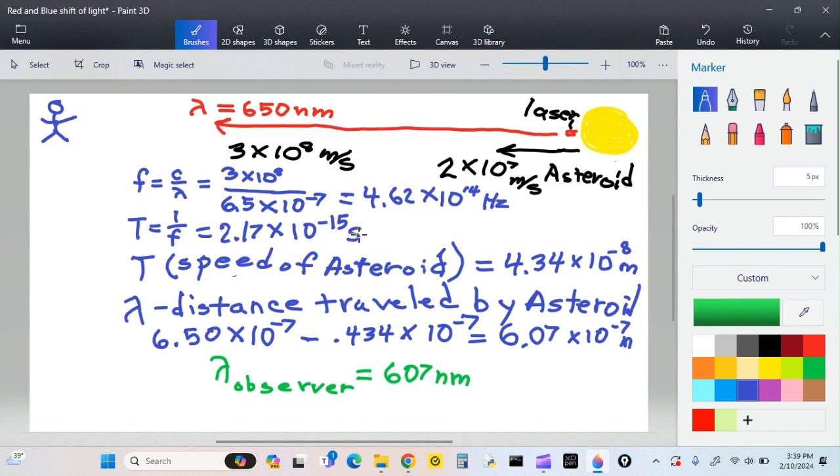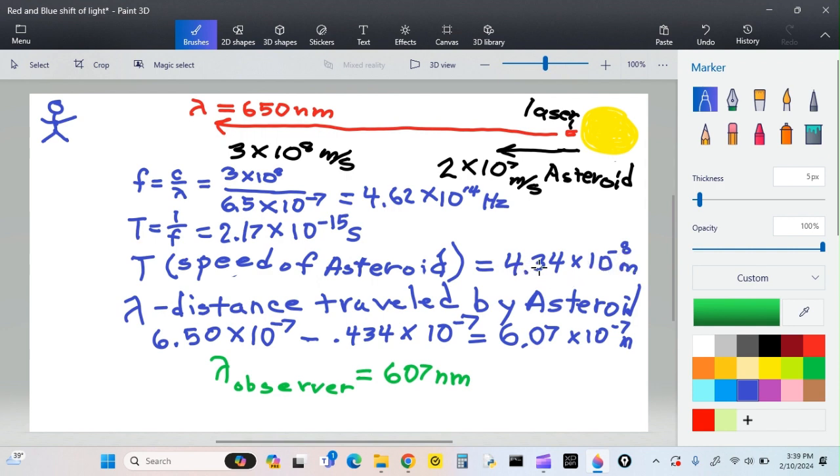So if we take that period, in other words, this is how long it takes for the one 650 nanometer cycle to occur, because that's the wavelength, we already have that. If we take the speed of the asteroid, which is this 2 times 10 to the 7 meters per second, and multiply that times this period, we get 4.34 times 10 to the minus 8 meters.